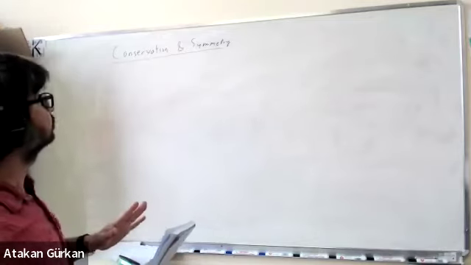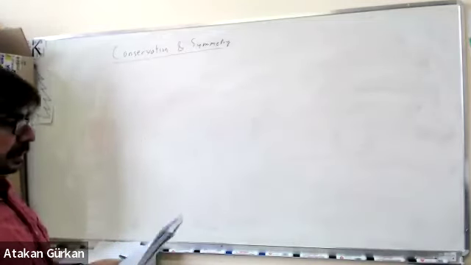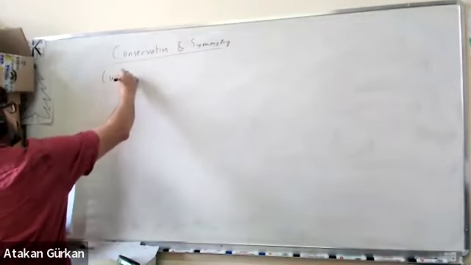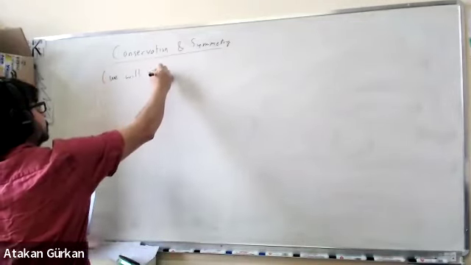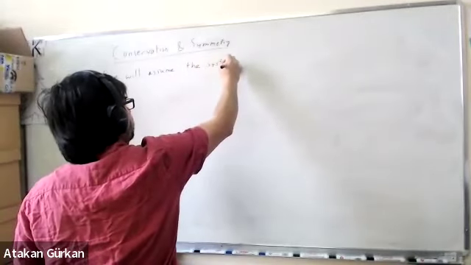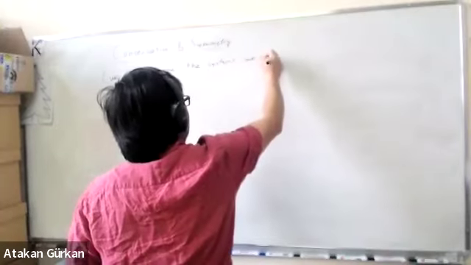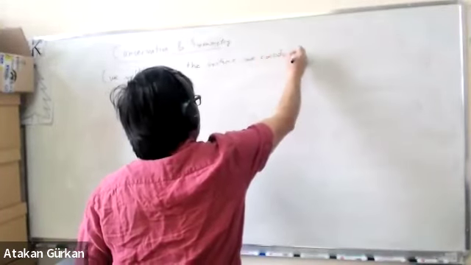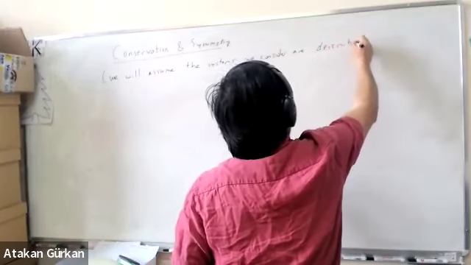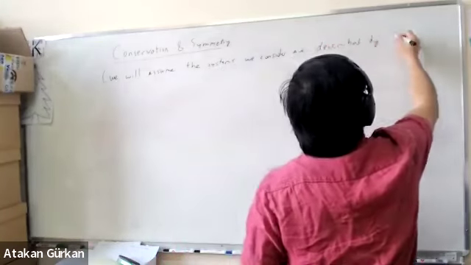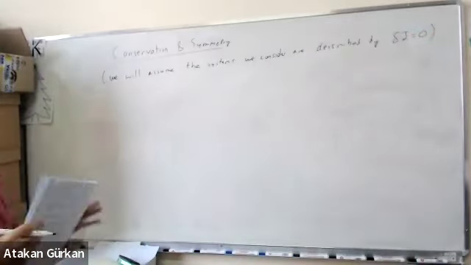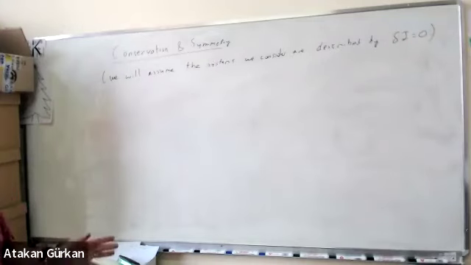And we're going to just do some preliminary stuff right now. So we have an assumption. We will assume that the systems we are considering are described by Hamilton's principle, completely.